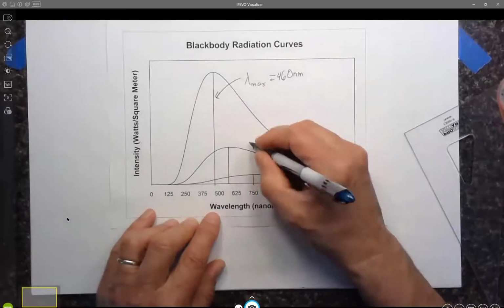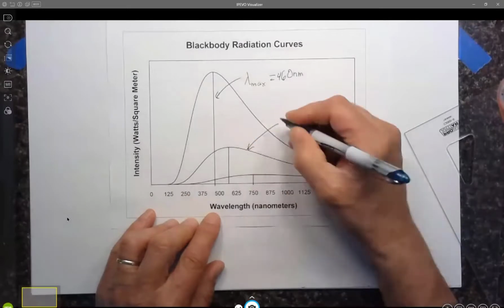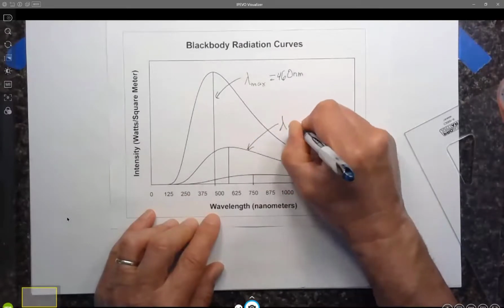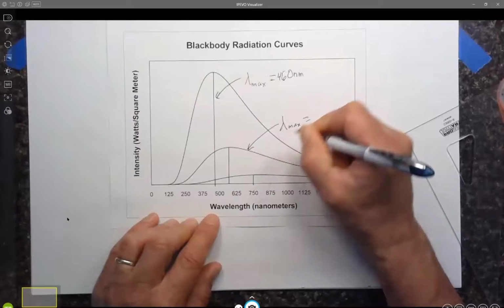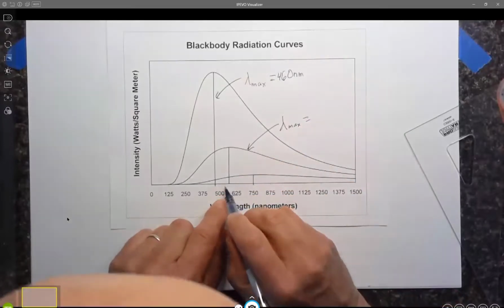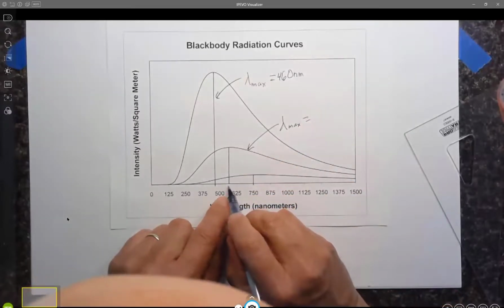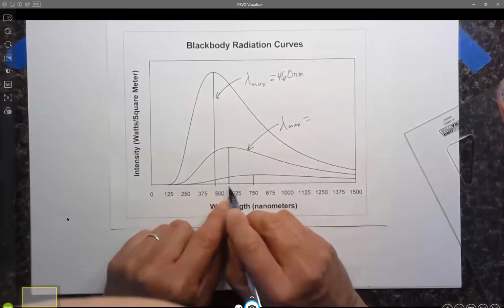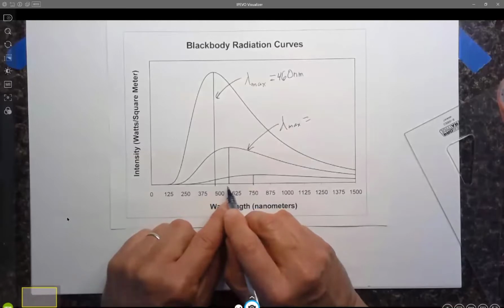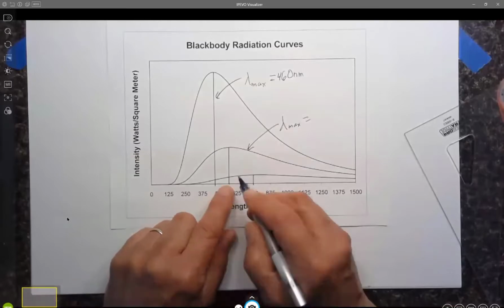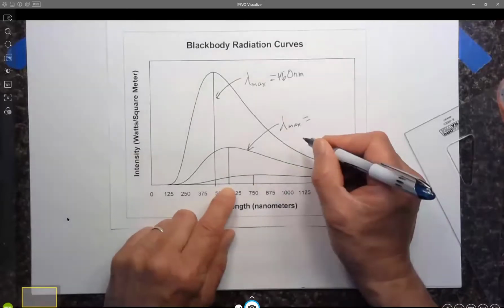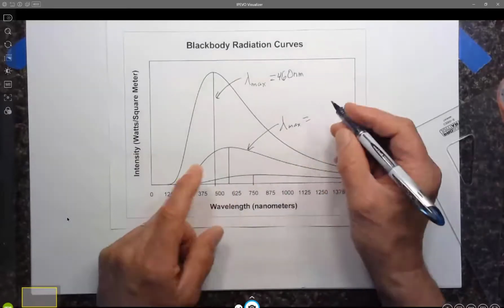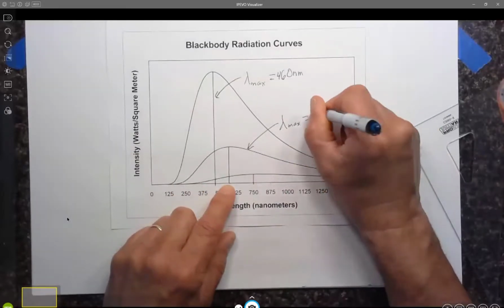Okay. With this middle object, lambda max is, well, let's see. Actually, it's a little more than halfway from 500 to 625. Halfway would be 562.5. So I'm going to guess maybe this one's 570 nanometers.